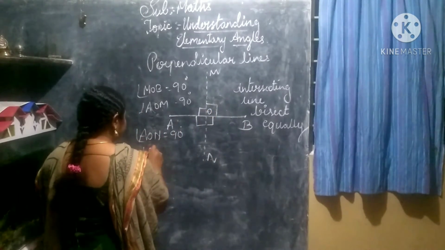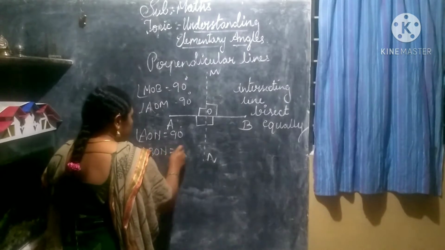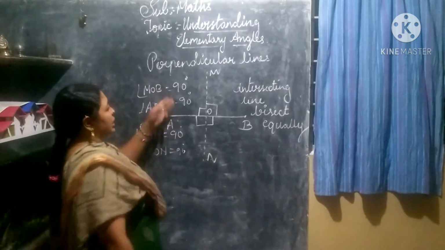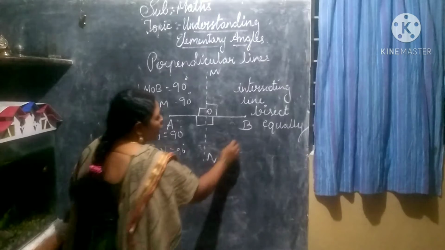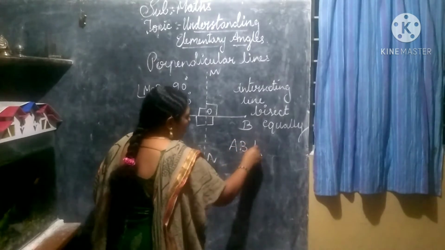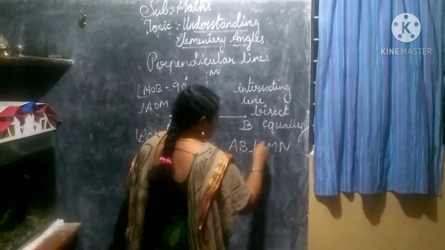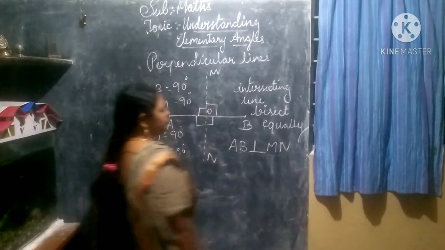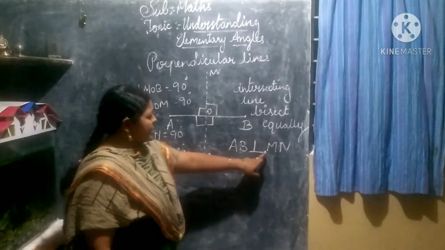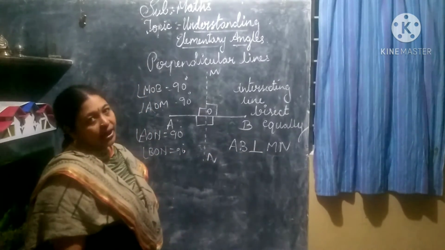BON is 90 degrees. So therefore these two lines are called perpendicular lines. We give the symbol for perpendicular like this, like a reverse T. The reverse T is called the perpendicular symbol.